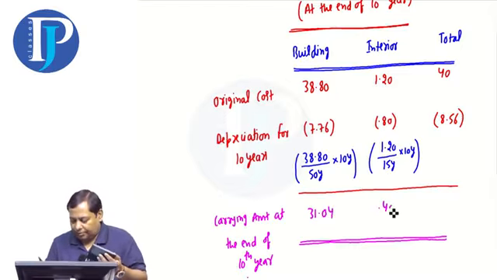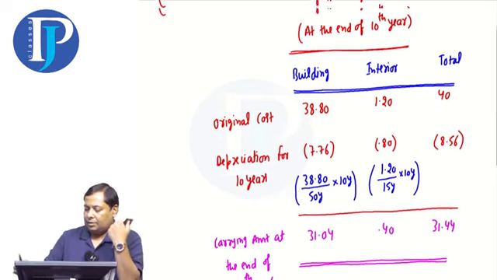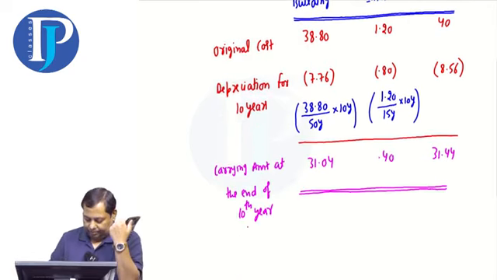This will be 0.40. Total 31.44. Okay. What is next?